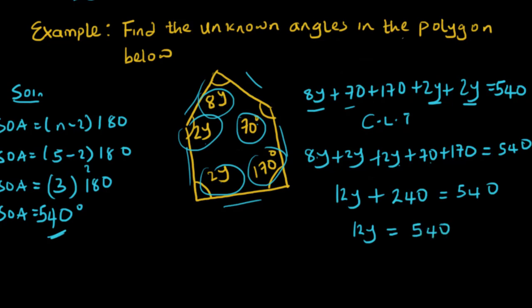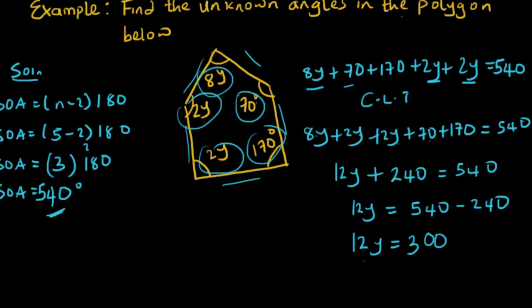When plus 240 crosses the equals sign, it becomes minus 240. So I'll be having 12y equals 540 minus 240. 0 minus 0 is 0, 4 minus 4 is 0, 5 minus 2 will give me 3. So I have 12y equals 300.